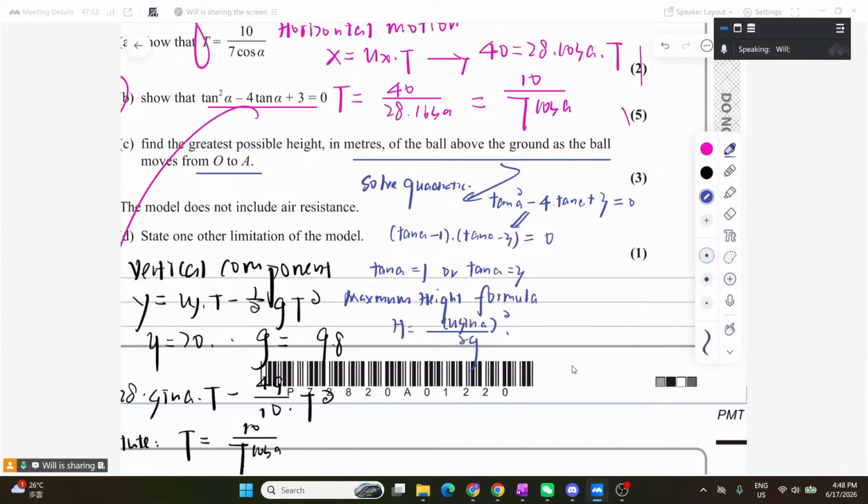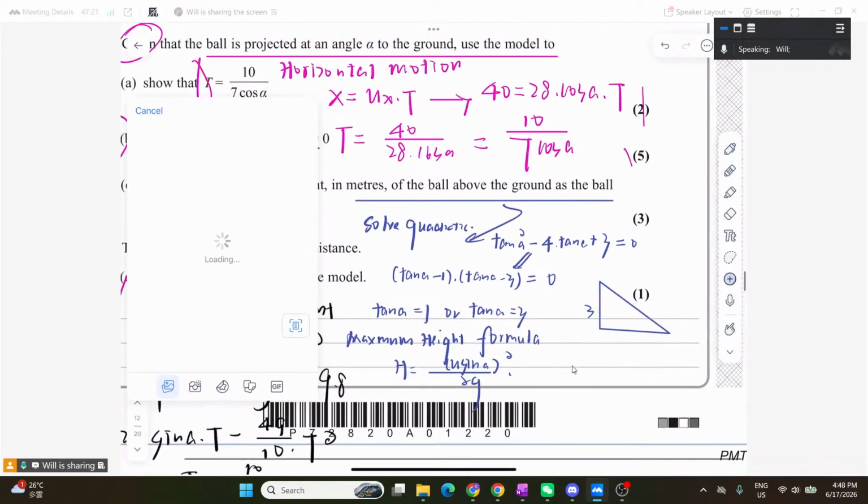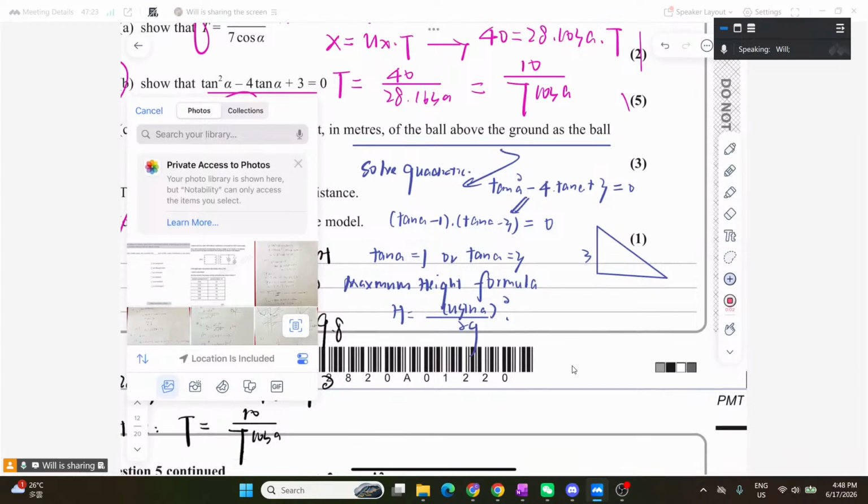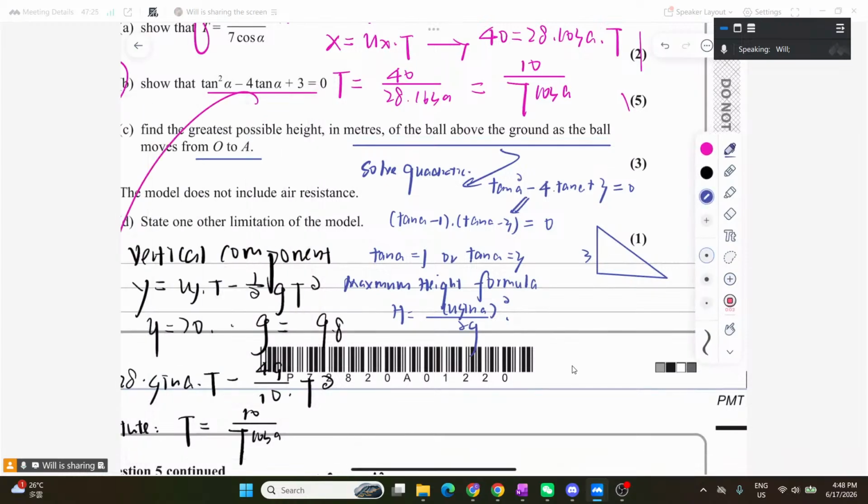Okay, we can draw the right angle triangle. Tangent alpha equal to 3, like the opposite side 3, adjacent side 1. I'm sorry, this one. This is square root 10.